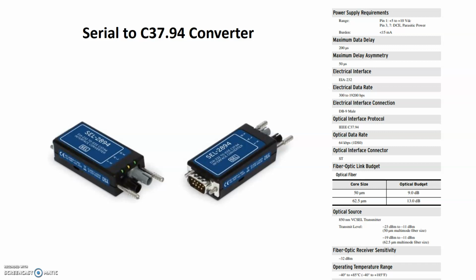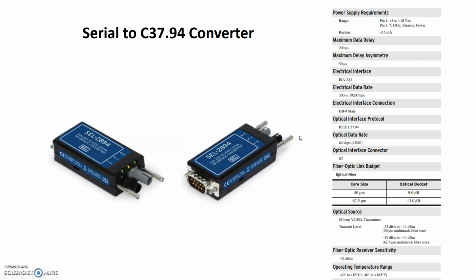It draws about 20 milliamps, and pretty much all serial ports can power the converter. It only takes receive, transmit, and I believe request to send, clear to send, or loopback, but basically it takes the transmit, receive, and ground pins. Those are the three necessary pins, and then you go over C37.94.